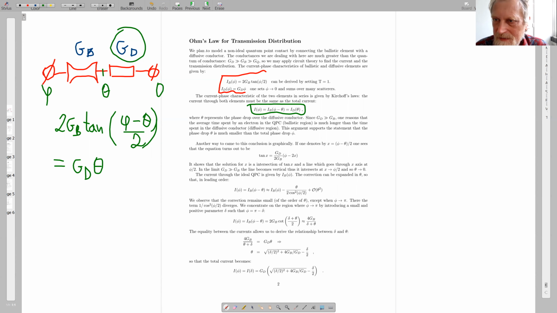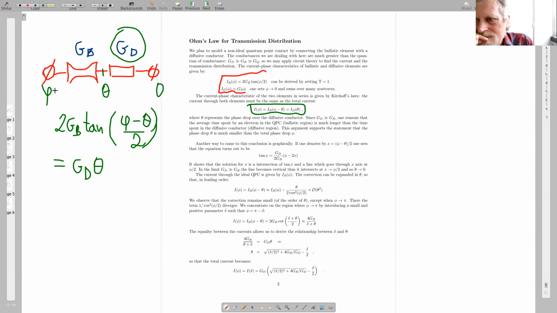So there are two resistors in series, and there is voltage phi applied. What will be the voltage drops at these resistors?